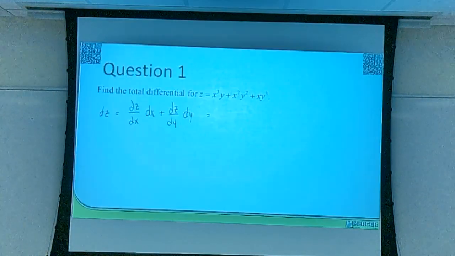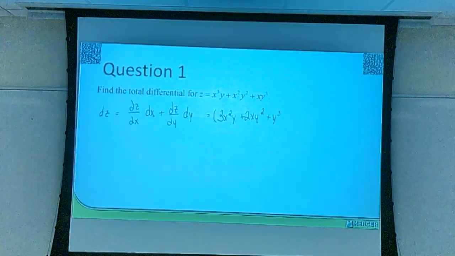So what is partial z partial x? x squared y plus 2x y squared plus y cubed.